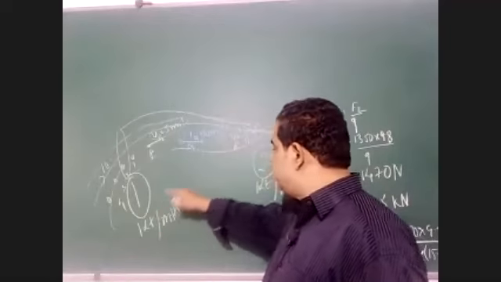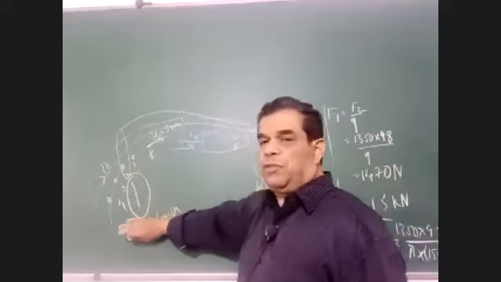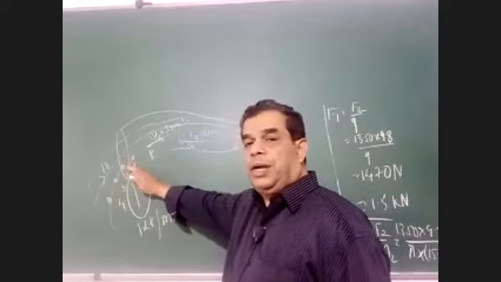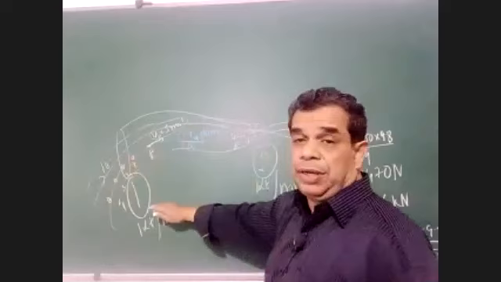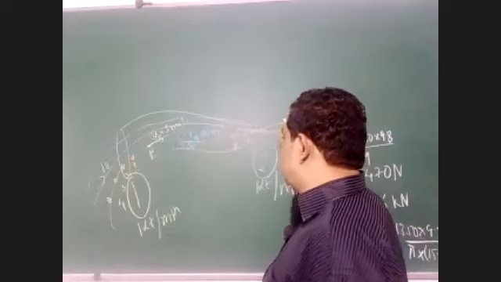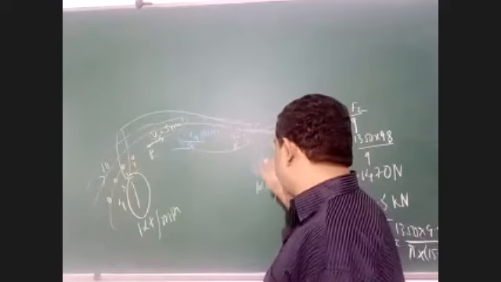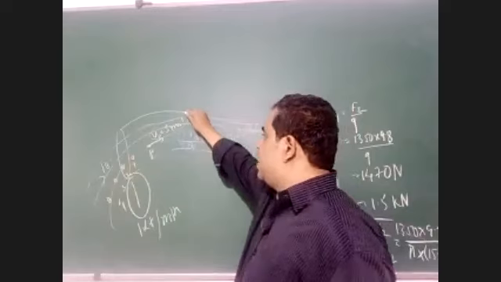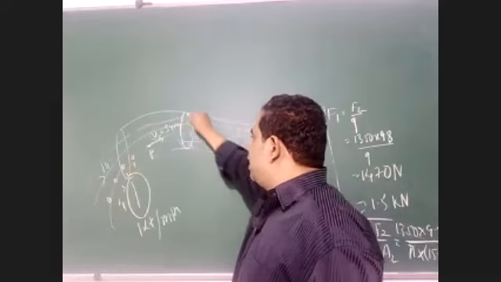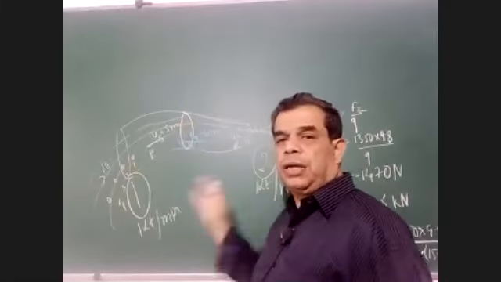By this, that means the mass of water entering at one point in the given time is equal to the mass of water leaving at the other point in the same time. I can take any intermediary point also, not only going or coming.